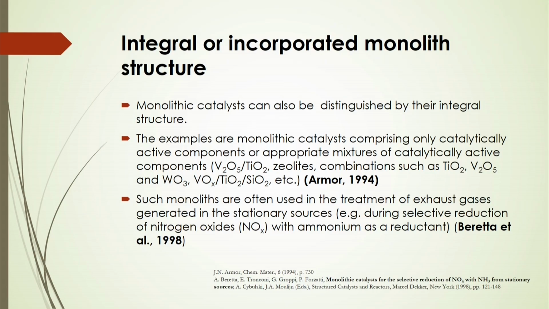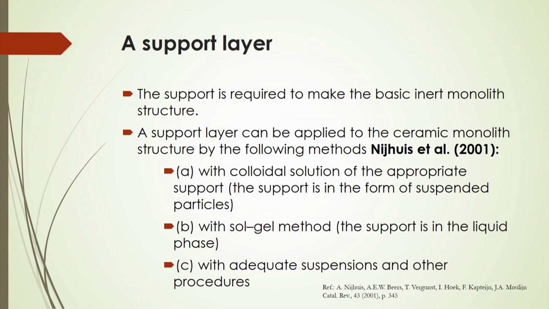Such monoliths are often used in the treatment of exhaust gases generated in stationary sources, like during selective reduction of nitrogen oxides with ammonia as a reductant, as per Reactor et al. 1998.